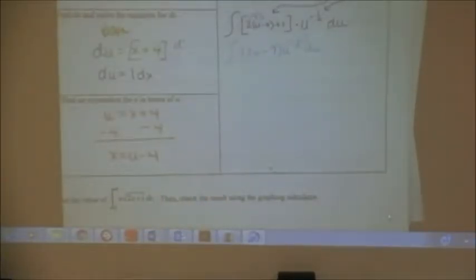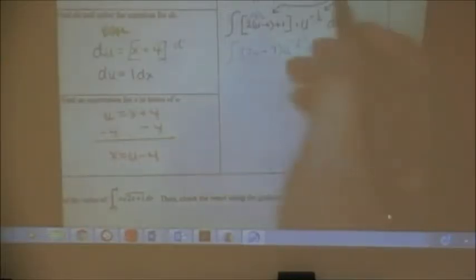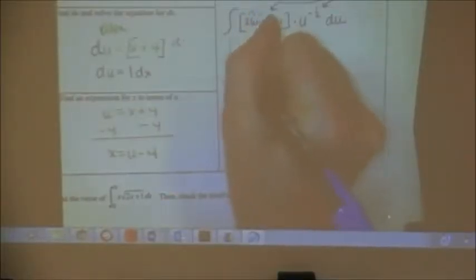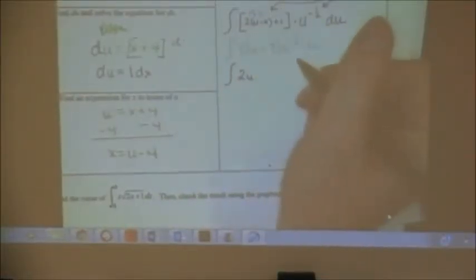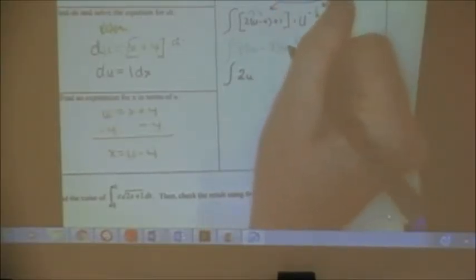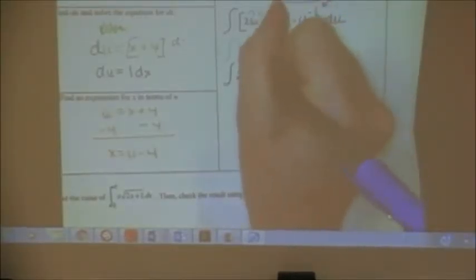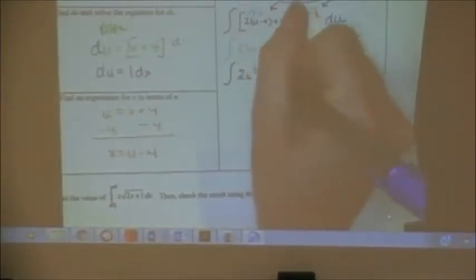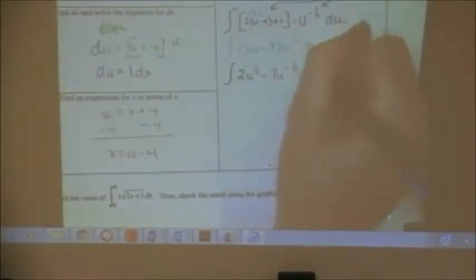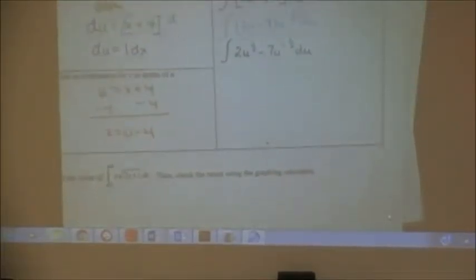Now I can integrate a polynomial. So I'm going to distribute. When you multiply, you add exponents. So u to the 1 times u to the negative 1/2 is u to the positive 1/2. Now I can take the integral.